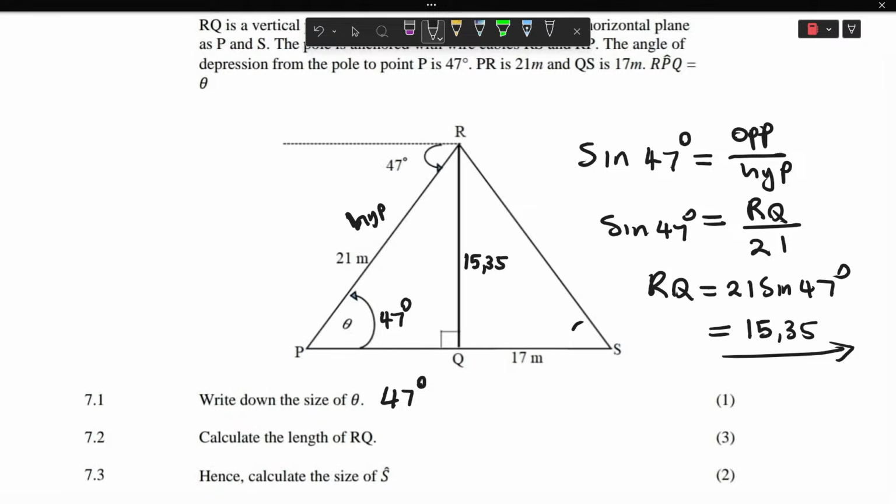Did you round well? Yes, thank you, Rebecca. It's 15.6. They didn't round well, okay? It's 15.6.